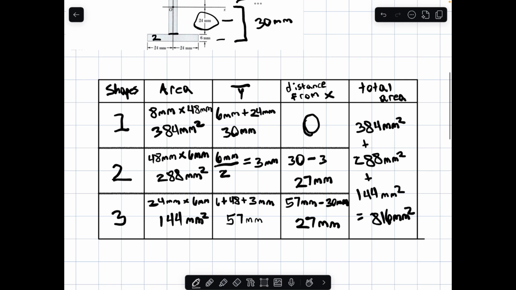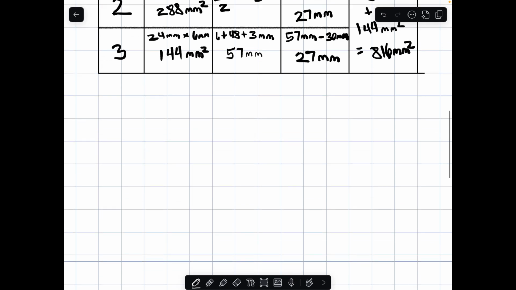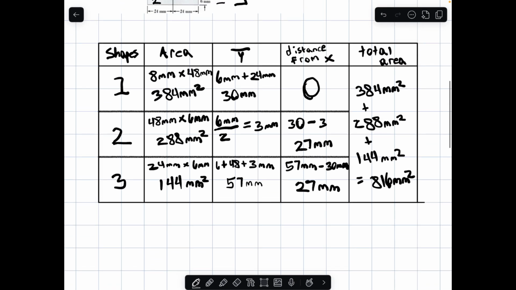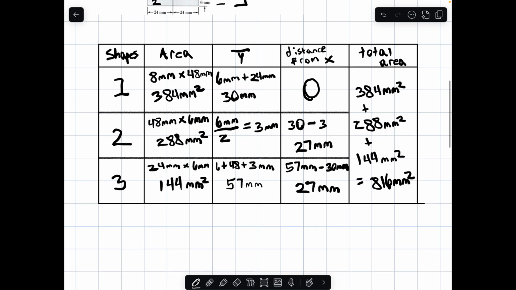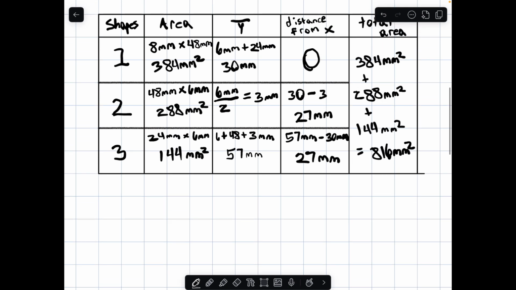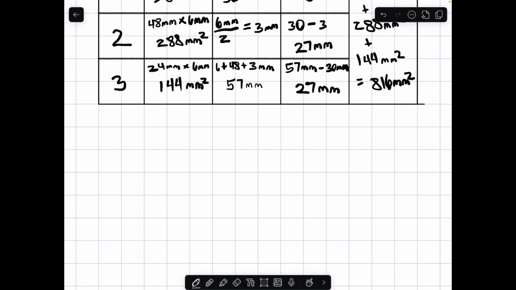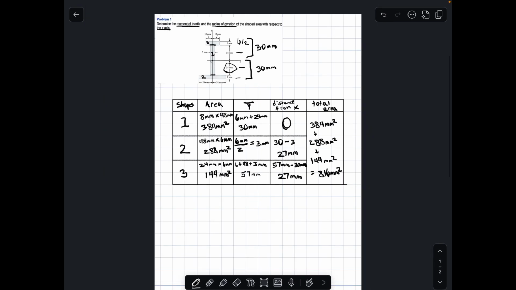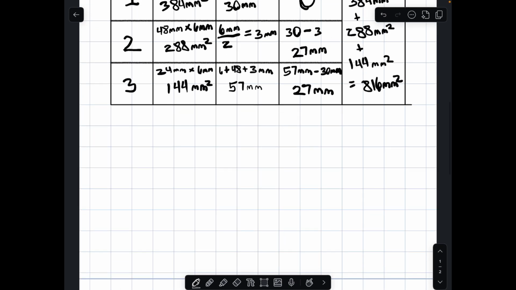So now that we have all of our needed data, we're going to find the inertia. I'm going to add another table to find the inertia for each shape.